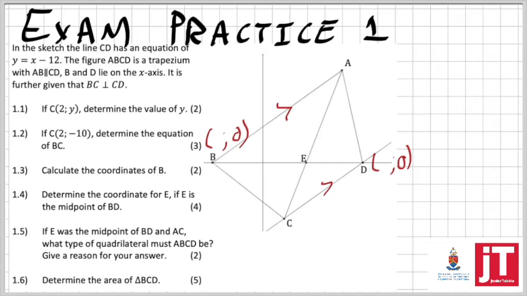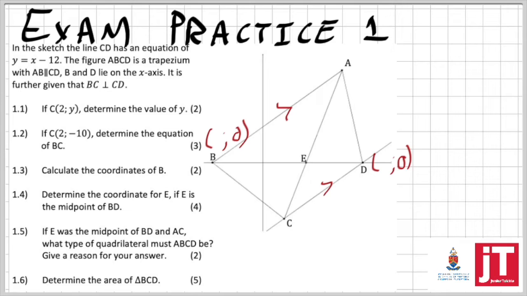Please put in the information as it is given to you. So let's go through the first question, question 1.1. If C is (2, y), determine the value of y. Interesting little question that.